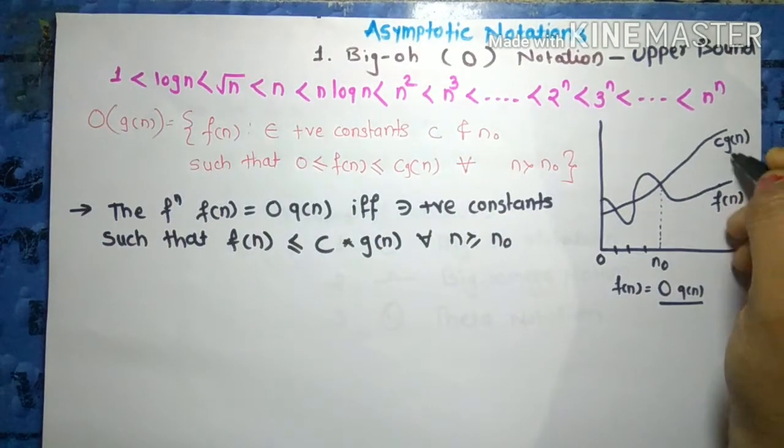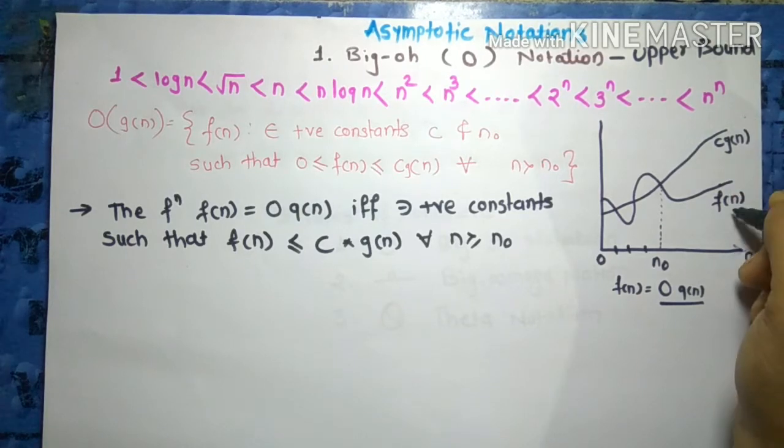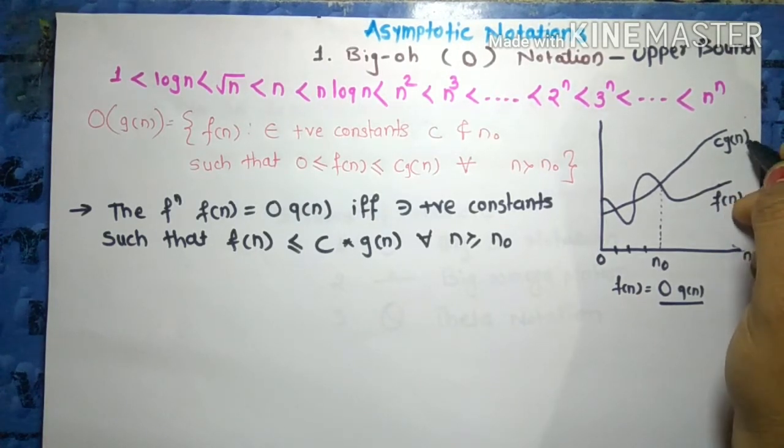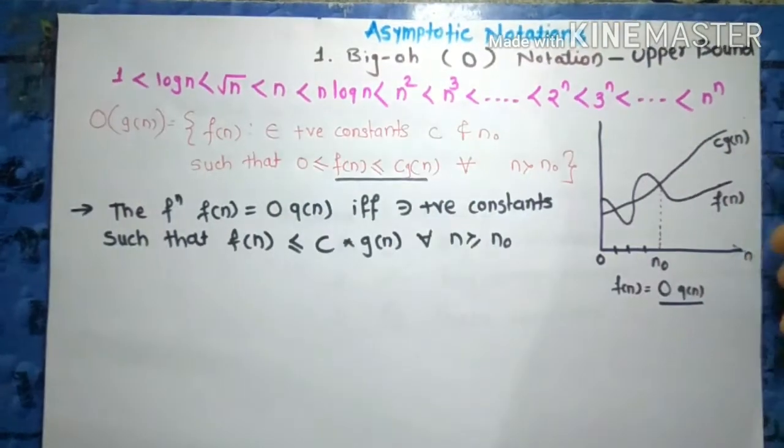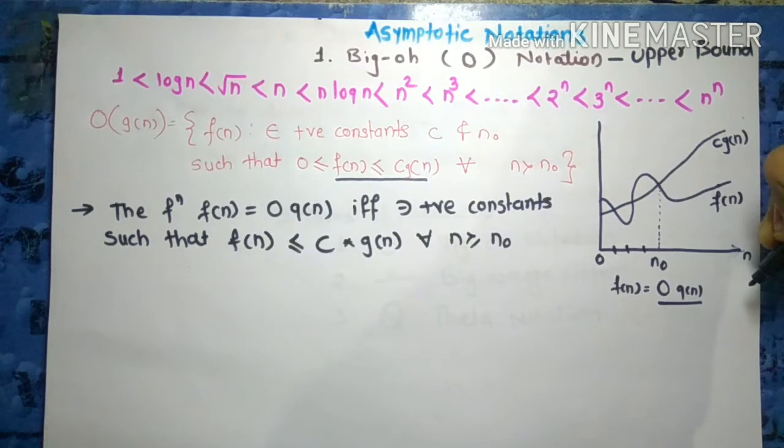Here g of n is greater than f of n, and f of n is less than g of n. That is our definition. F of n should be less than g of n, which gives us an upper bound, that is our worst case.